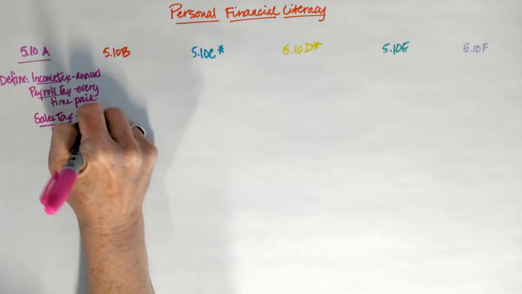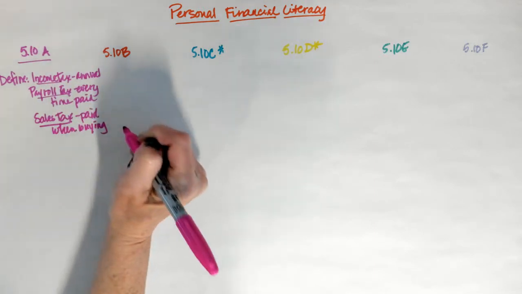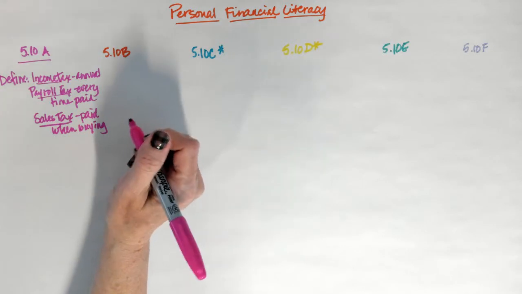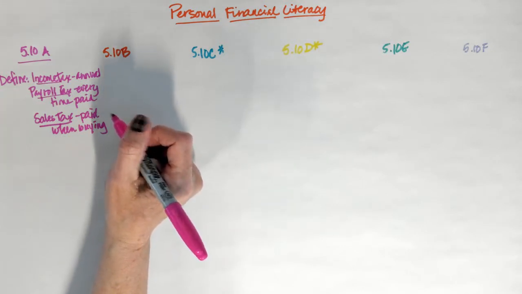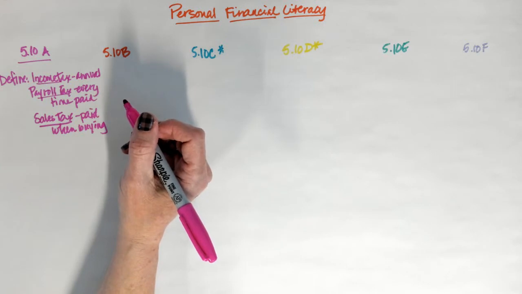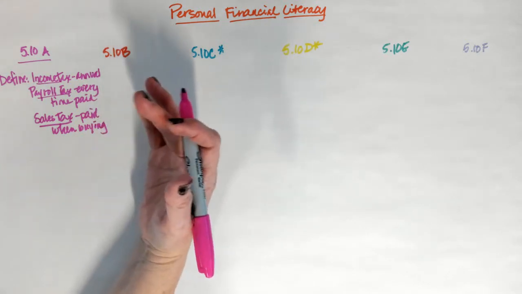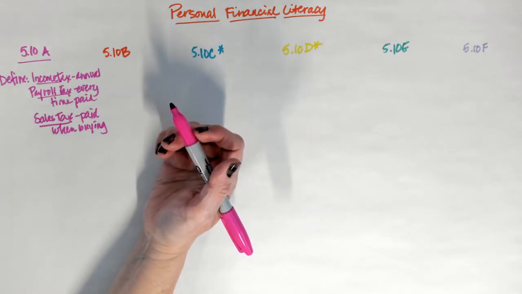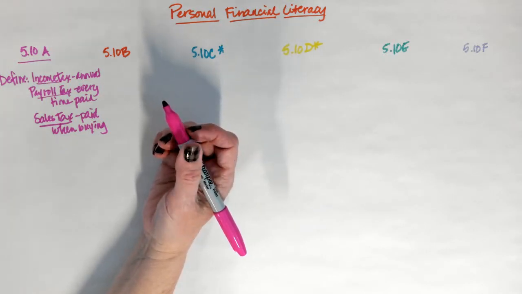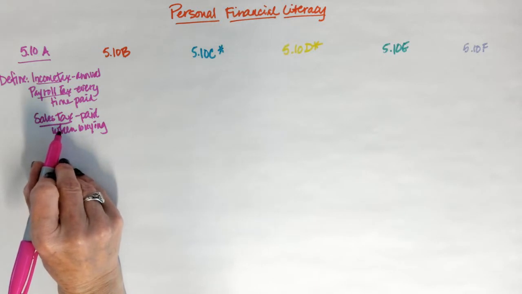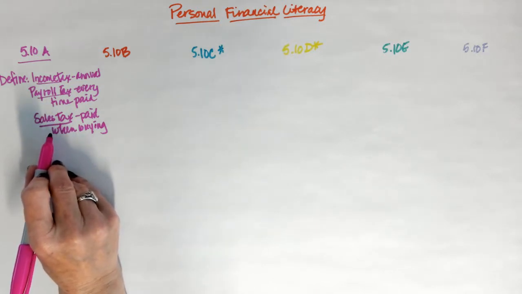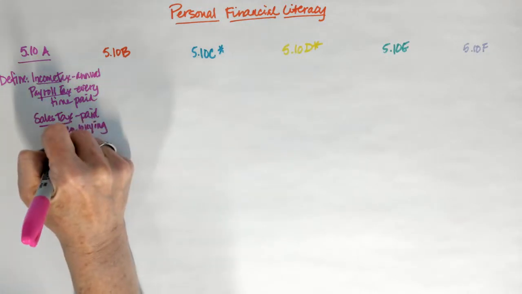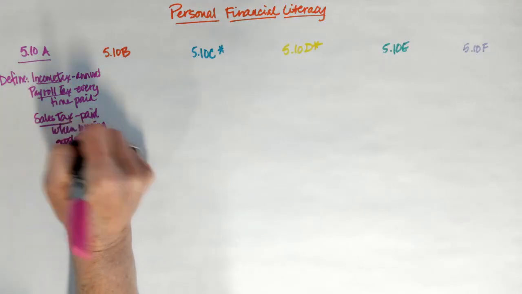Kids can usually relate to this, especially if you've had the book fair on your campus recently, when they pick up a book that says it's $6.99, and then they get up to the register to check out and it's $7.50-ish, somewhere around there. They don't realize until it affects them personally what sales tax is. But after the book fair, if they've bought goods, then they know what sales tax is. So this is a tax that we pay when we're buying goods.